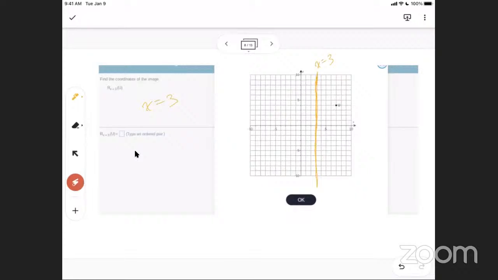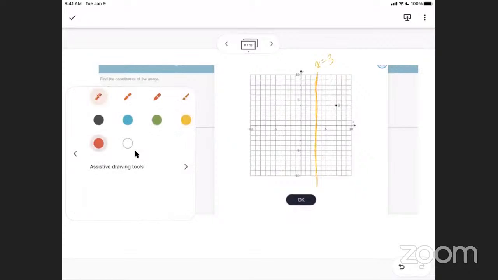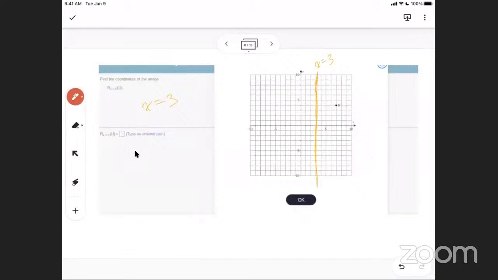So which way do I go to reflect it over that line? You would go down. No, I think you'd go to the other side. Yeah, you go to the other side. So how many units is that right there? That's 3. That's actually 4. It's kind of hard to tell.